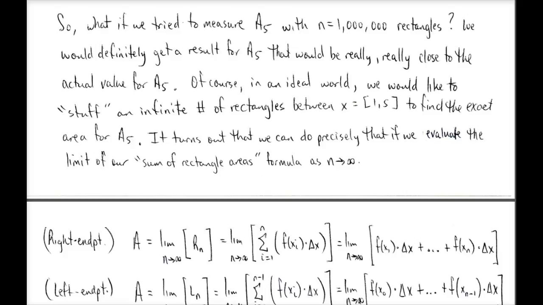We would get a result really close to the actual value of A5. In an ideal world, we would stuff an infinite number of rectangles between x equals 1 and x equals 5 to find the exact area for A sub 5. And we can do precisely that if we evaluate the limit, and I'll underline that, the limit of our sum of rectangles formula as n approaches infinity.